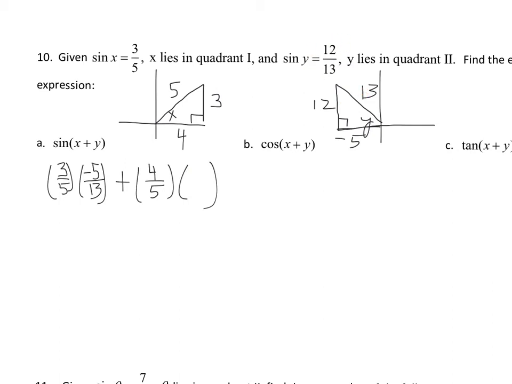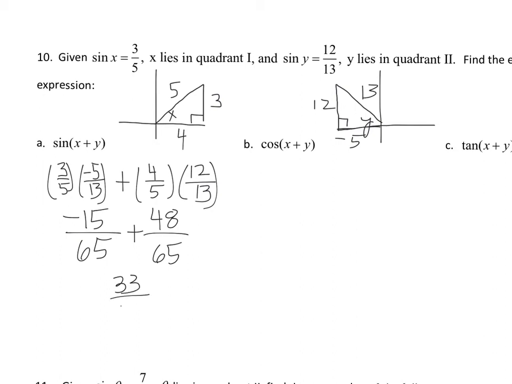Note, it's also given. So we simplify. Multiply across: 3 times negative 5 is negative 15, over 5 times 13 is 65, plus 4 times 12 is 48, over 65. Combine, adding negative 15 and 48 gives us 33 over our denominator of 65.